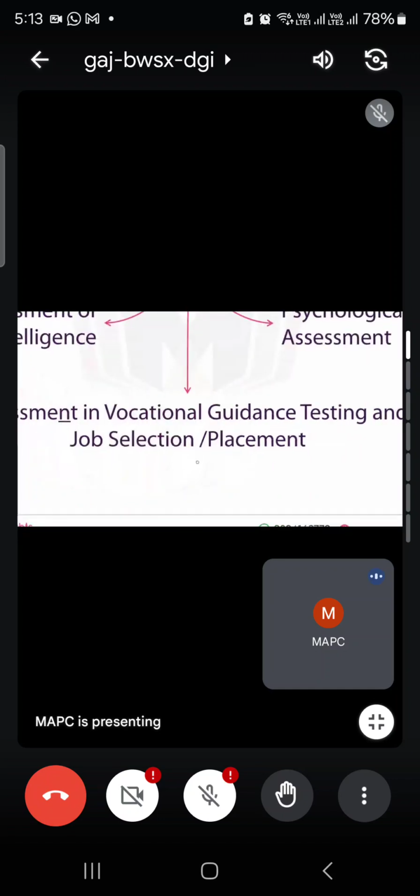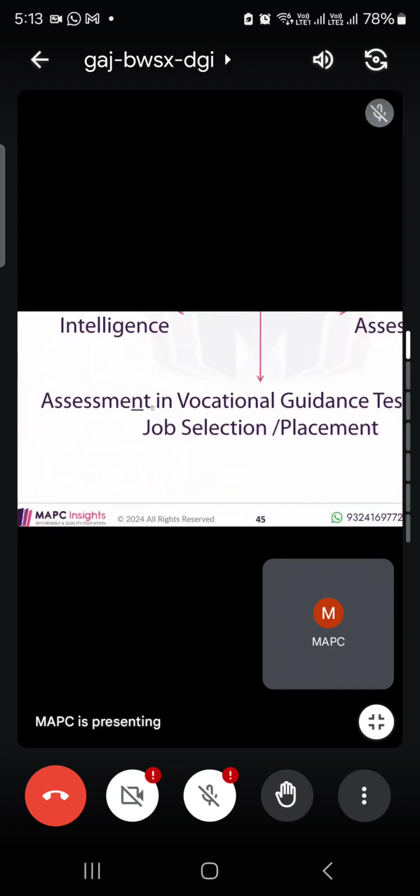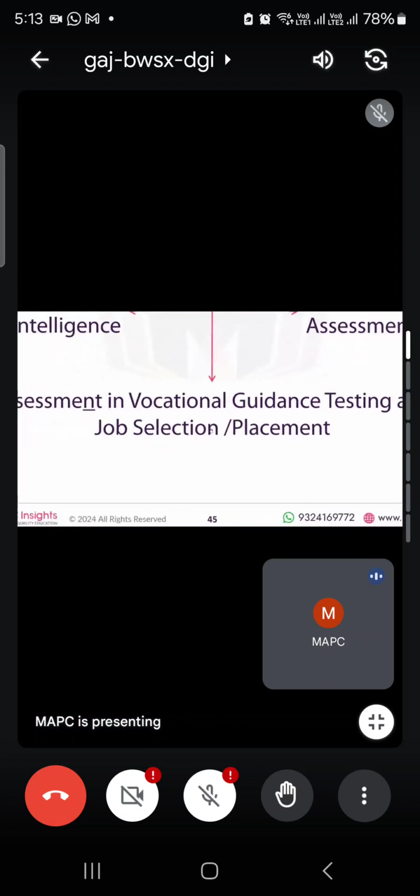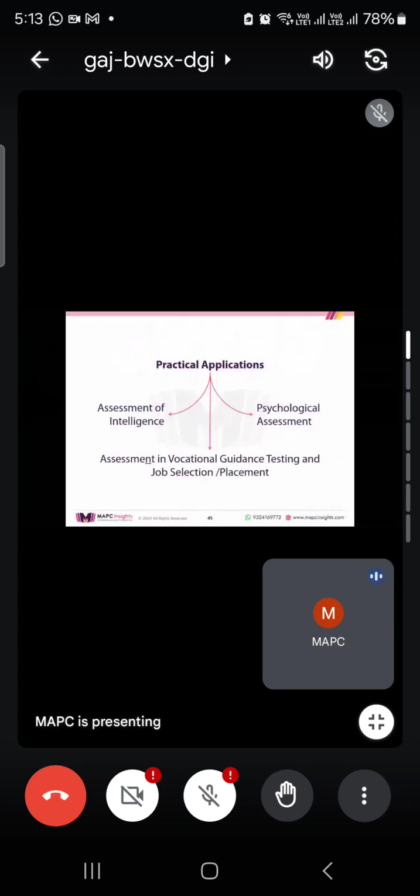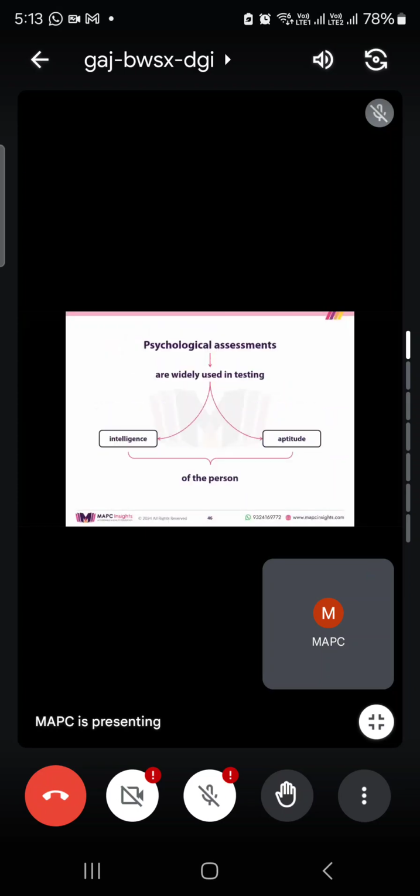Psychological assessment is also used in vocational guidance, testing, and job selection and placement. Nowadays, psychological tests are widely used by HR to select the candidate, and the intention is obviously choosing the right candidate for the right position.